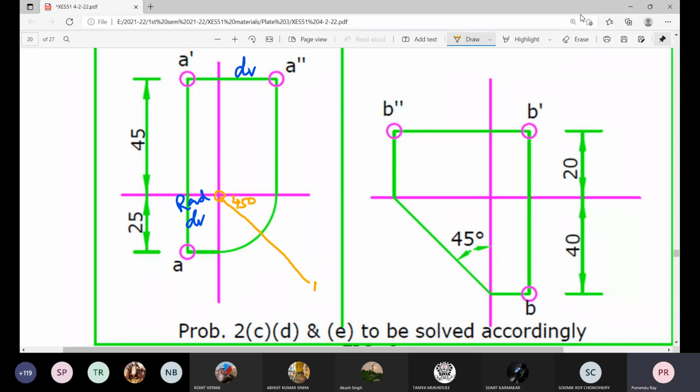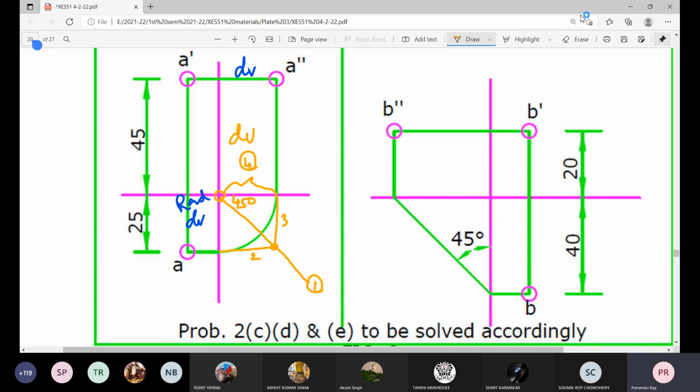This is step 1. Step 2, we draw a horizontal line through plane, and through this point of intersection we draw a vertical line. This is step 3. Now what about this distance? Same, sir. 25. Same, dv.